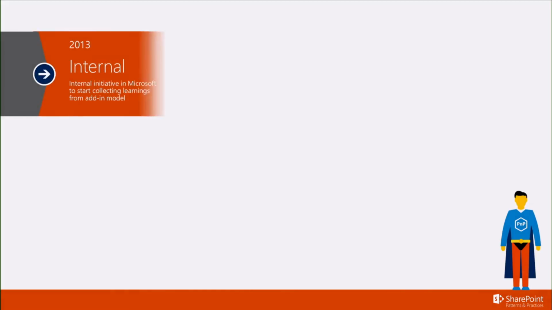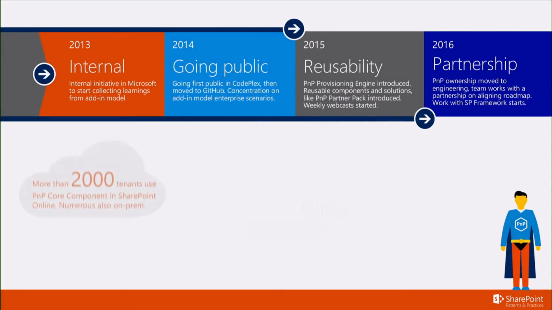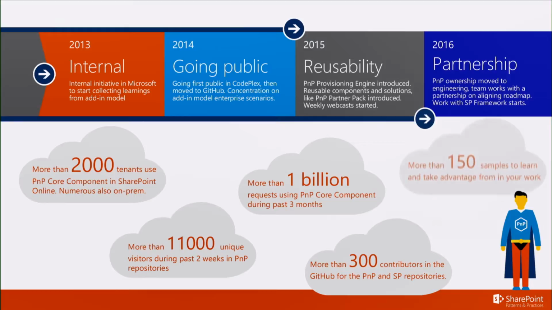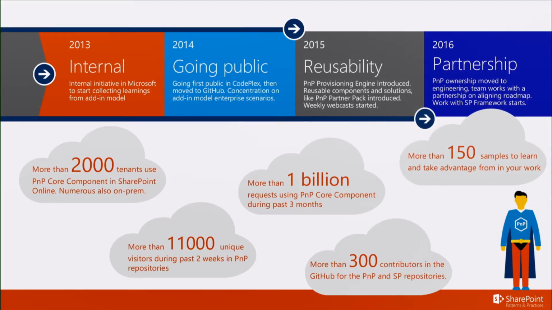If you think about the journey of the PnP, it actually started back in 2013. There were a few guys internally at Microsoft, me included, who started working on how we can do full trust code and farm solution transformation to the add-in model.